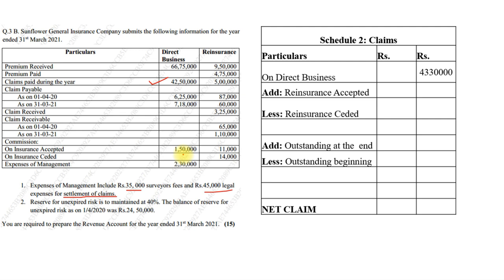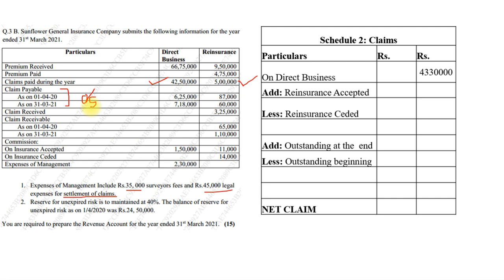Number one. Next, we need to add reinsurance accepted on claims. So claims on reinsurance. Now the amount which was given to us is 5 lakhs. Okay. After that, check if there is any outstanding available. Now, so you can see here claim payable, that is outstanding.